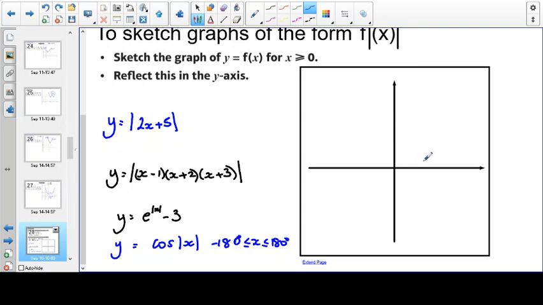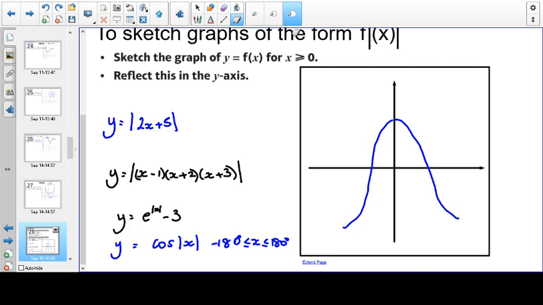Okay, so let's think about what cos looks like from minus 180 to 180. Oh, no, that's a bad one. Why is it a bad one? Because from minus 180 to 180, it looks like that. So it's already a reflection in the y-axis. That was a bad example.